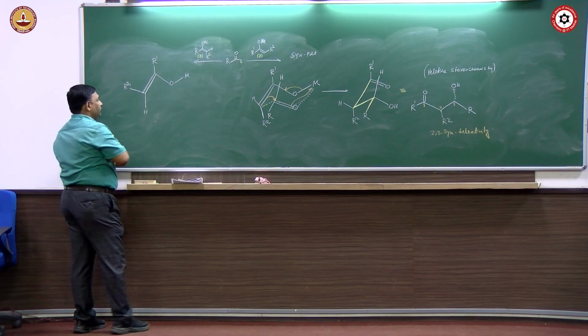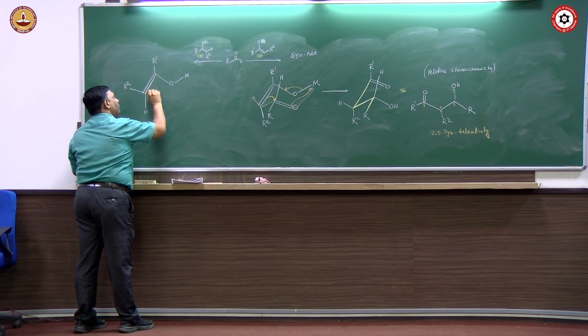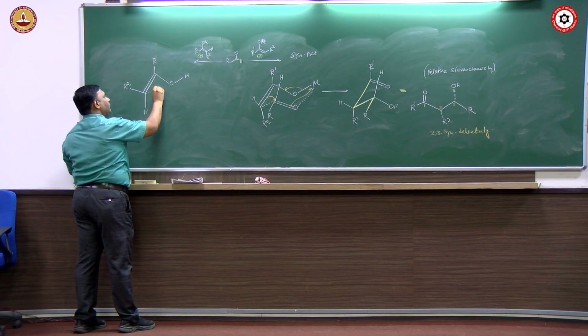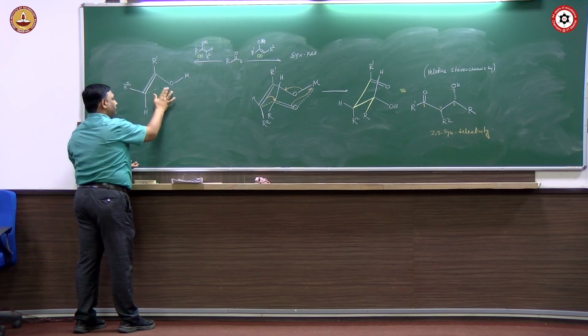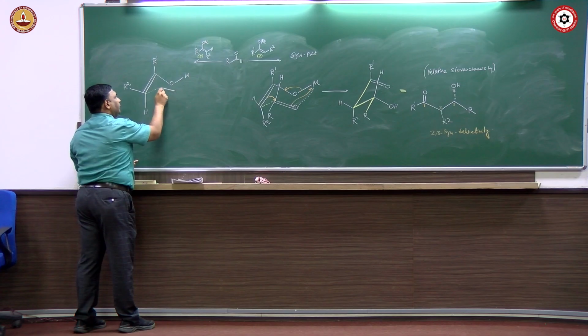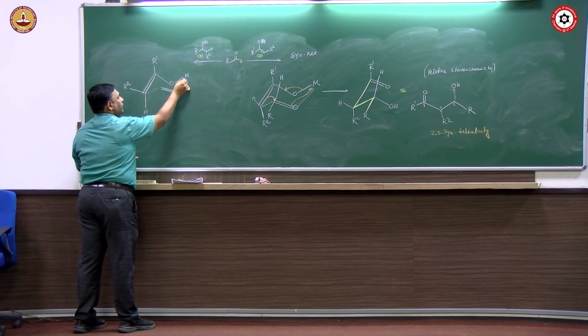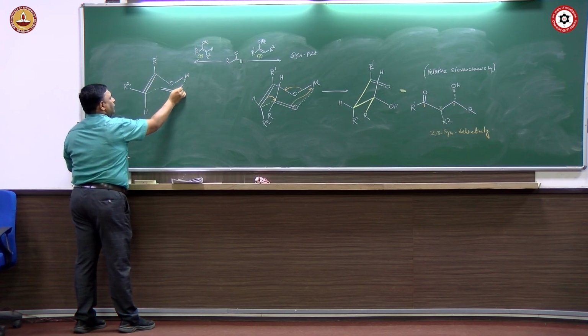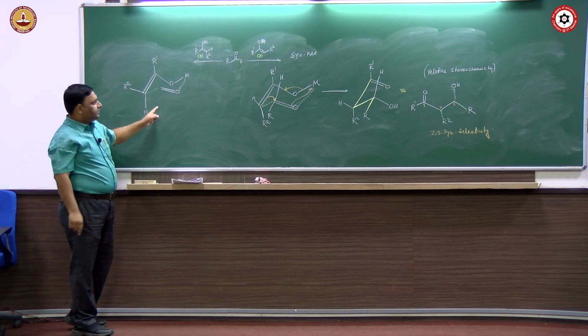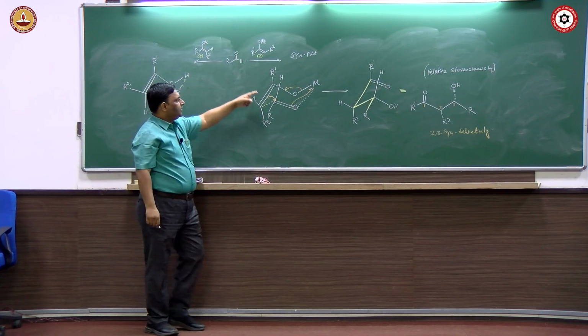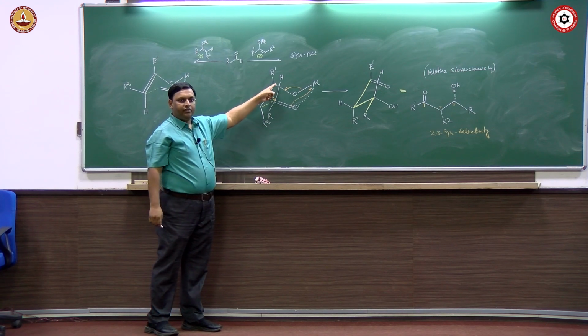Now this is the bond which is going to be formed with the aldehyde or with the carbonyl group. And this carbonyl is coordinating to this one. And the same possibilities exist when R is put equatorial or axial.